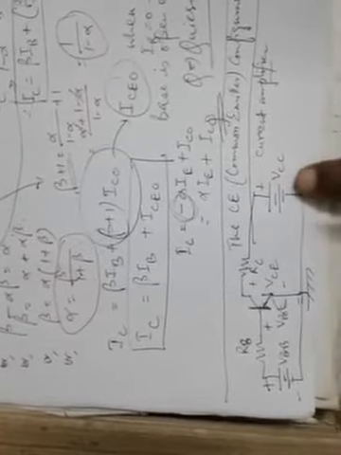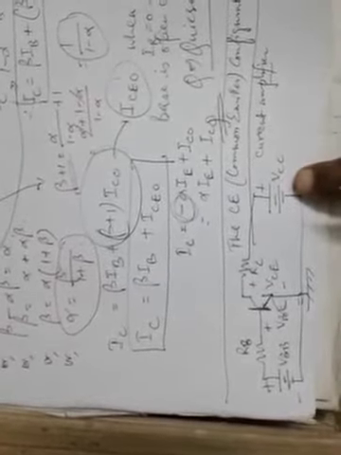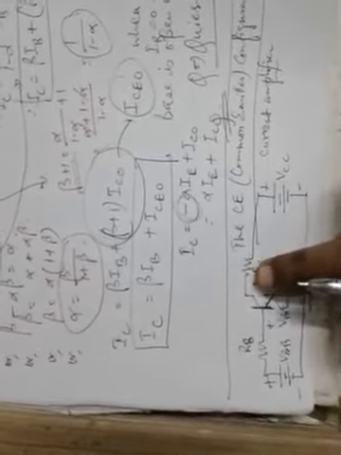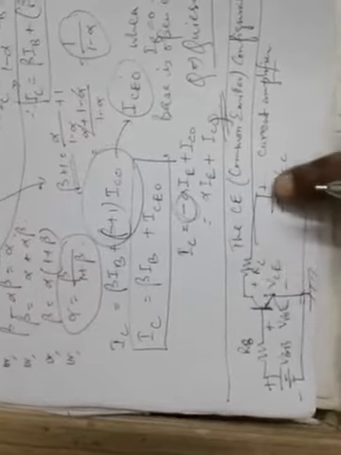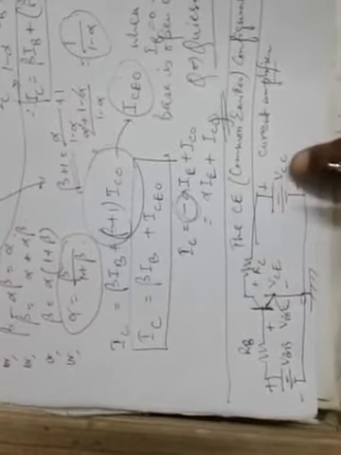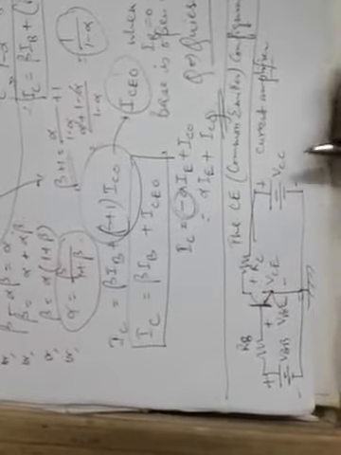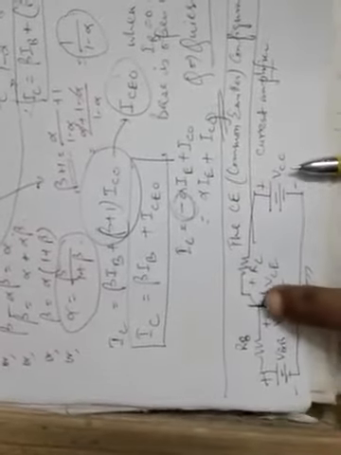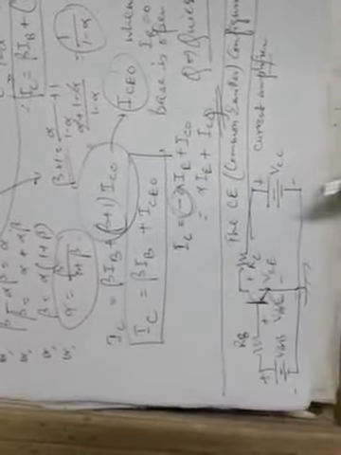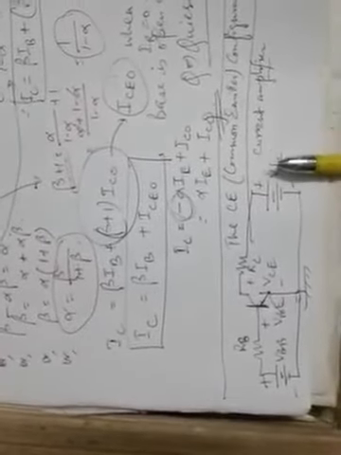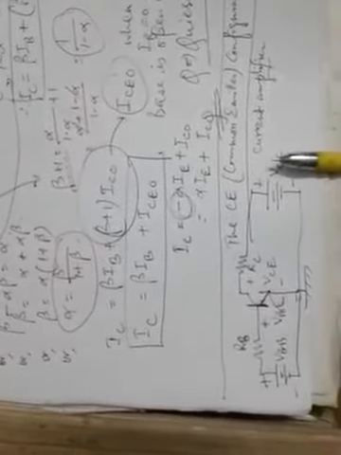In the collector loop, the source voltage VCC reverse biases the collector base junction through this RC. It is reverse biasing because the positive terminal of VCC is connected with the N side of the NPN BJT. Collector terminal is N type here. So it is reverse biasing the collector base junction.